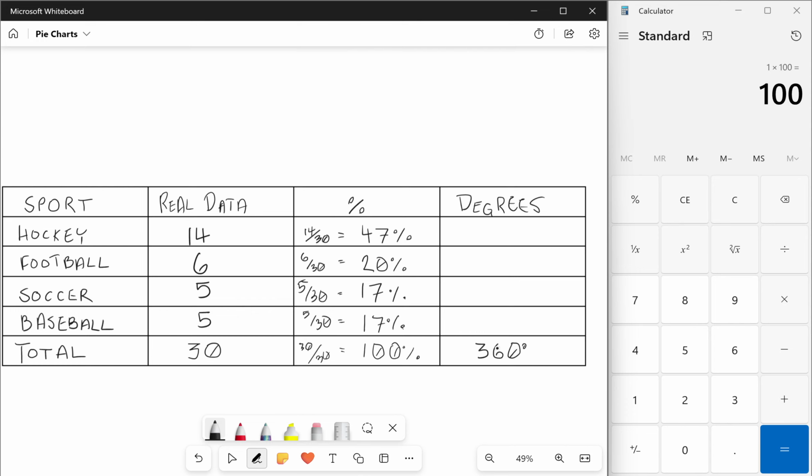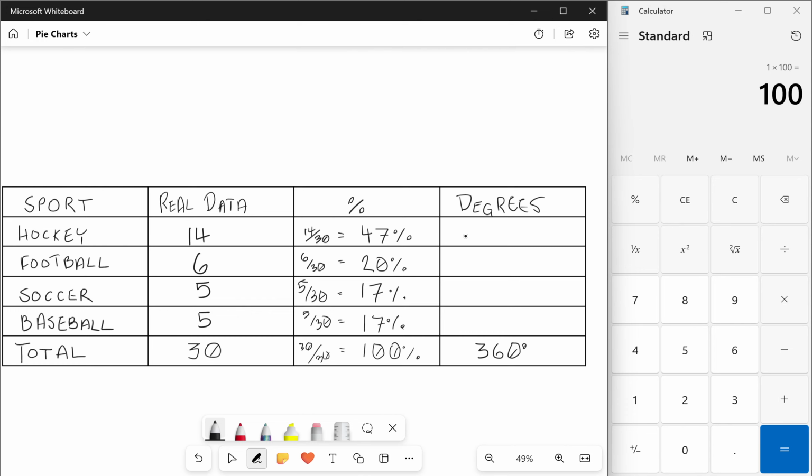That will tell me how many degrees I need to represent it as on my pie chart. Now, this will sound more clear when we actually get down to drawing our pie chart. Trust me. For now, just like when we're calculating tax or a discount, we're just going to use multiplication to find out what is 47% of 360.